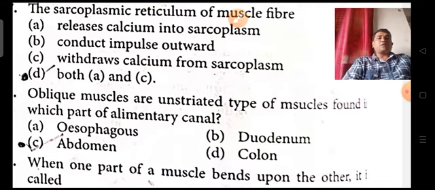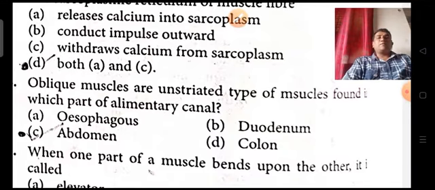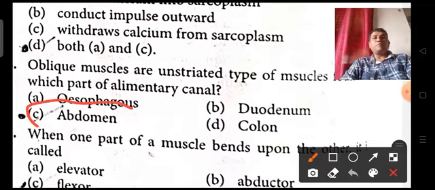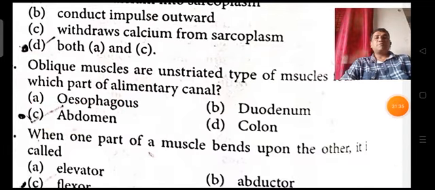The esophagus has striated muscles, the duodenum and colon have unstriated muscles only, but this specific type of oblique muscle is present in the stomach, the abdominal region.